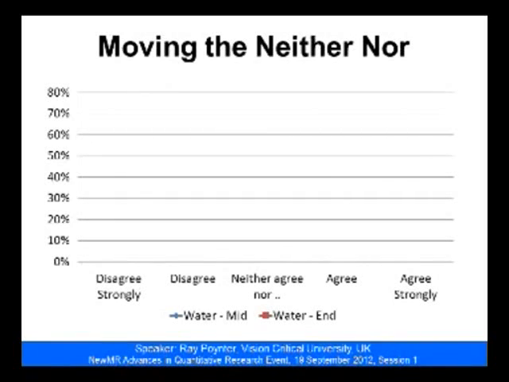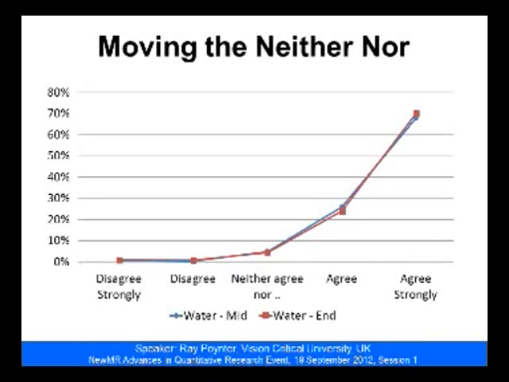And I'm just going to run quickly through the different products because they have slightly different impacts. If we look at water, then on the blue line we've got neither agree nor disagree in the middle, and we would expect the midpoint of a scale to either lie between disagree or agree, or to have a nice shape in terms of disagree and agree if it's acting as a midpoint, because we want to know whether it's the midpoint of the data.